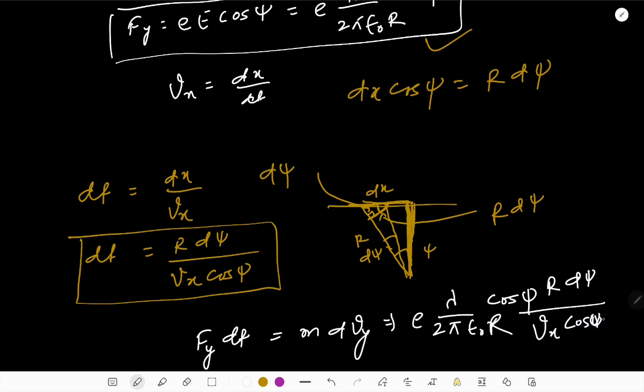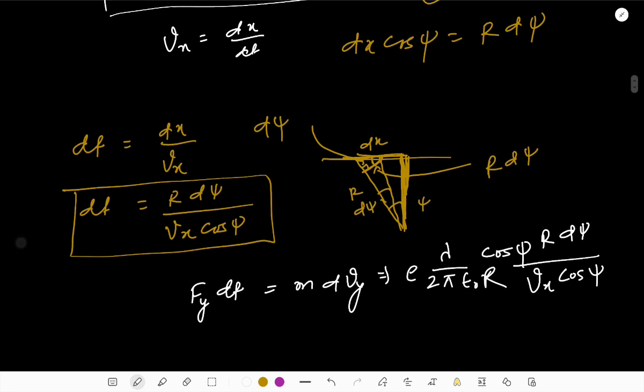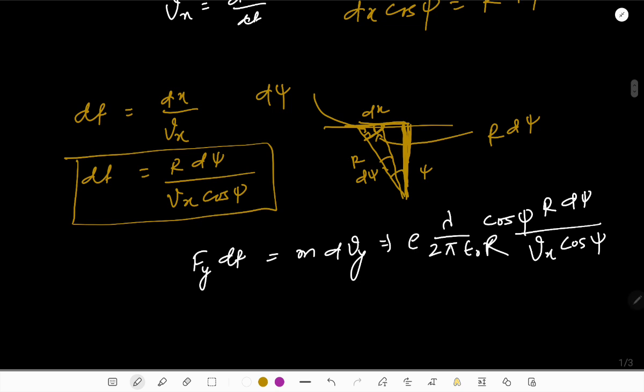So you can see here cos psi gets cancelled out, and we have a good relationship, and this thing is equal to m dVy.